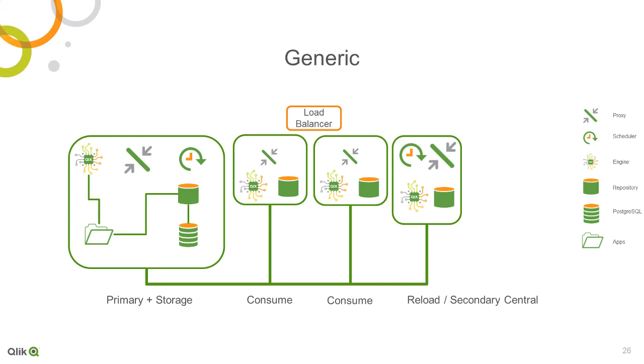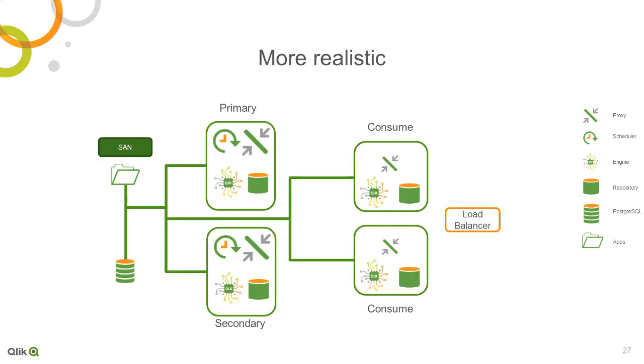So this is a generic site, sort of moved along. The only real change here is that the reload node now is a secondary central. Not much has changed here. But this next slide is going to look a little different. Rather than having everything flowing through a standalone central node, now we have a primary and a secondary node.